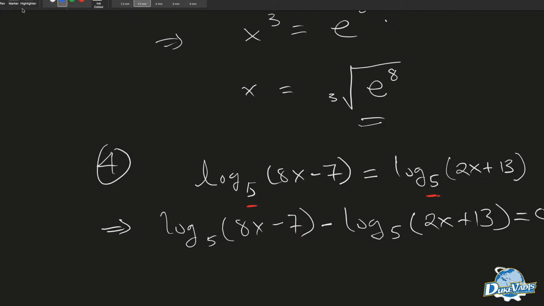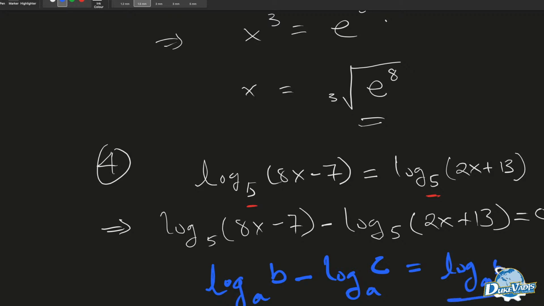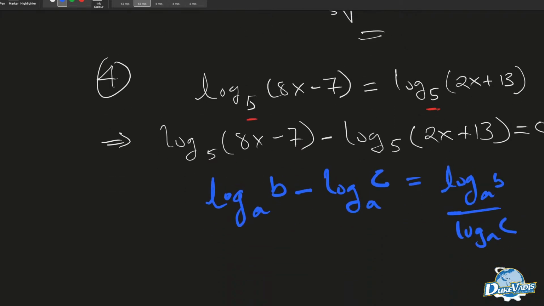Remember that if we have log a to b minus log a to c, we can say that it's log a to b divided by log a to c. Have you seen that? If we apply what we've written over here, then our equation is going to be so easy for us since they are subtracting.